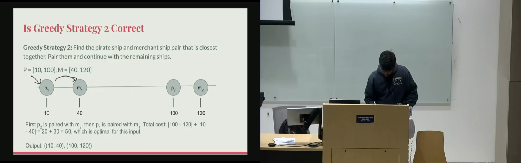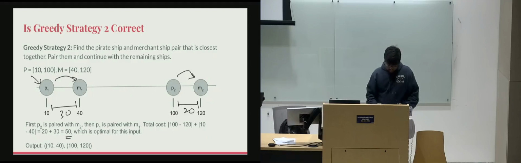Similarly, M2 will be paired with P2. In this case, the total sum would be the difference of this plus the difference of these two, which is 30 plus 20, 50. So you're pairing 10 and 40 together and 100 and 120 together.